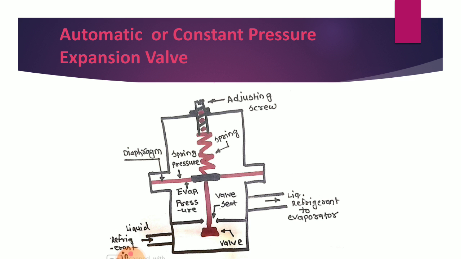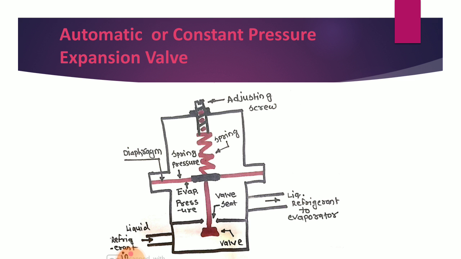So less refrigerant is allowed to enter the evaporator, and thereby the pressure inside the evaporator is maintained constant by controlling the flow of refrigerant.